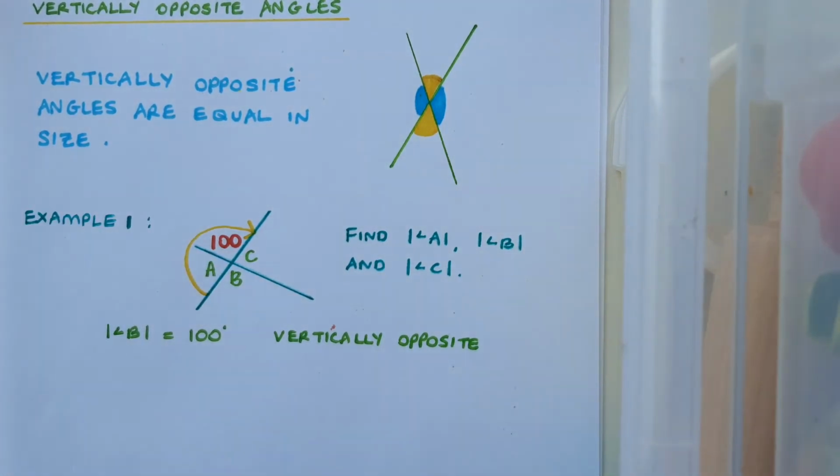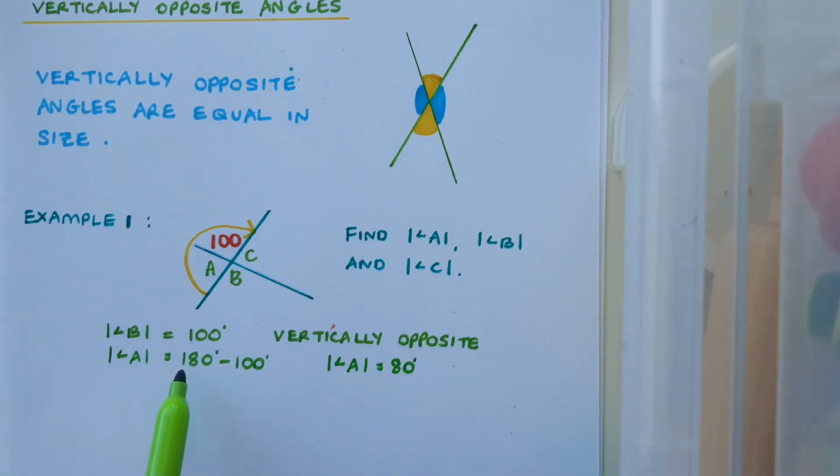A and 100 are on a straight line adding up to 180, so they are supplementary angles. I can do a calculation to find A by saying 180 minus 100. So angle A equals 80 degrees. Now I've written down a calculation here, so that's sufficient explanation, but you can, if you like, just for practice and as a memory aid, write down at the end that it's supplementary angles is the rule that you followed.